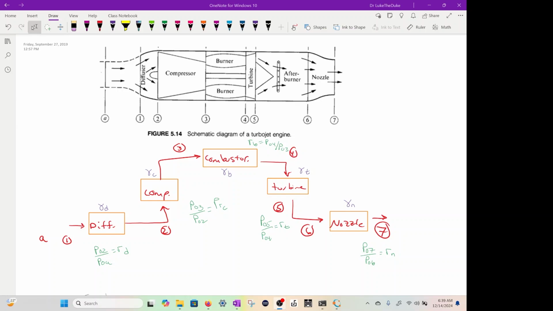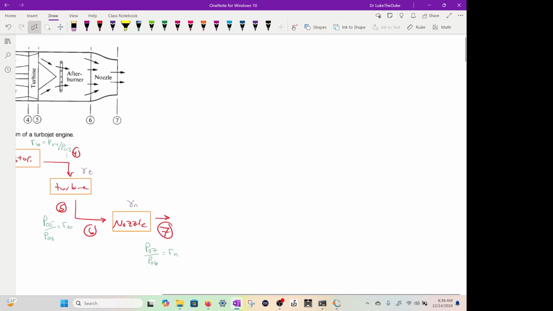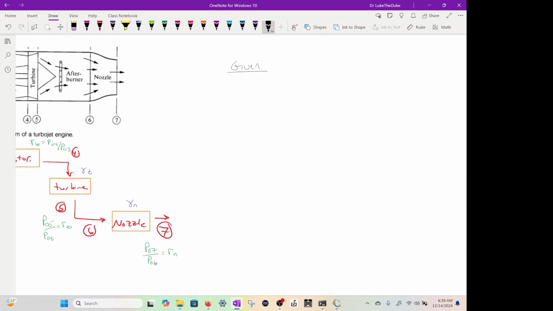So here's the schematic, here's the block diagram, and let's go over here and provide some values to these. Then I'll put properties of the air. So we're using air.